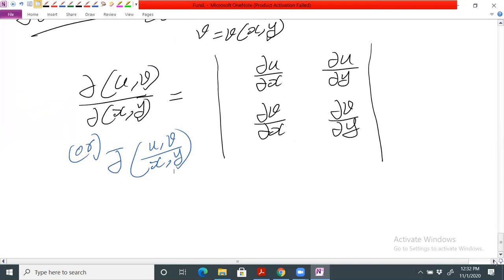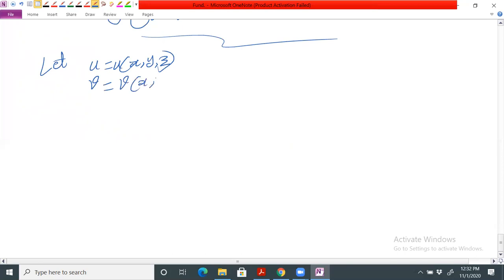Now I'm going to discuss one more formula on this. These were two functions of two variables. Now I'm going to discuss three functions. Let u be a function of x, y, z, v is also a function of x, y, z, and w is also a function of x, y, z.